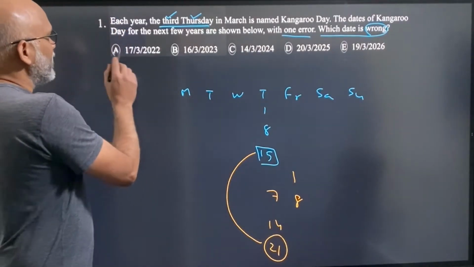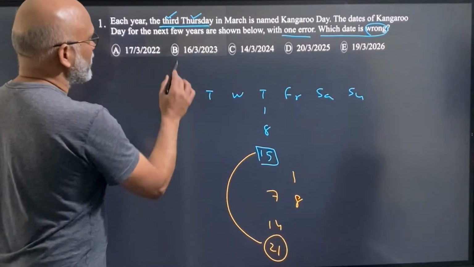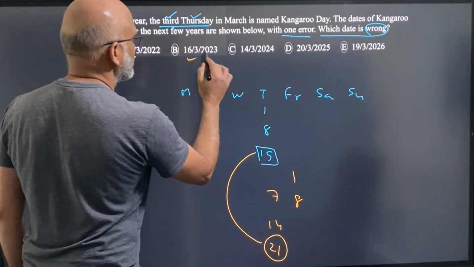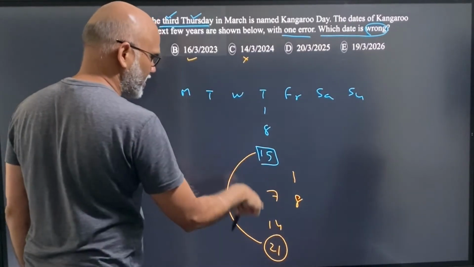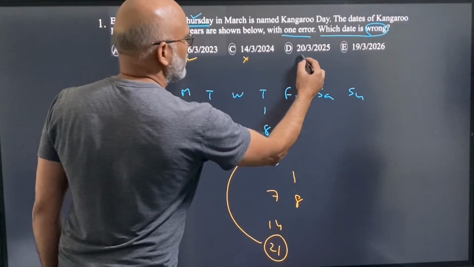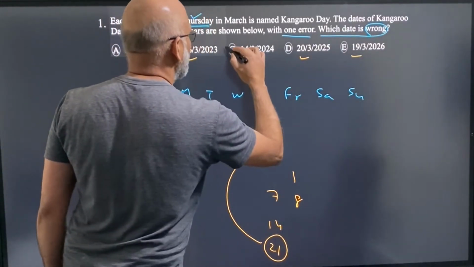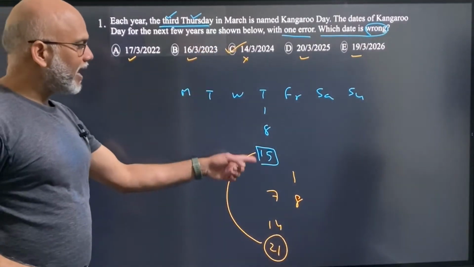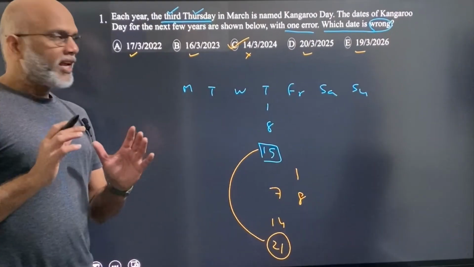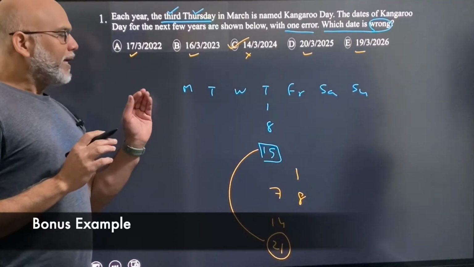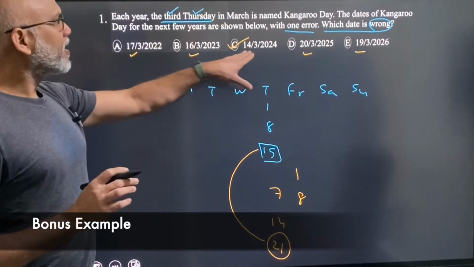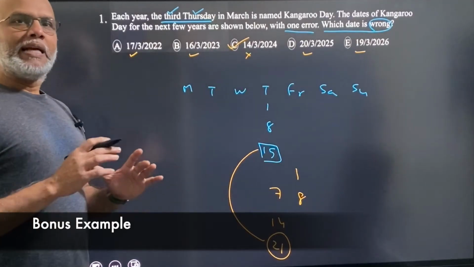Let's check here. 17 is between 15 and 21. 16 is, 14 is not between 15 and 21. 20 is, 19 is, then C must be the correct choice because that date doesn't even lie between these two dates. All right, if you noticed one thing here, in this case, I didn't even have to check if these dates are going to be Thursday, right?